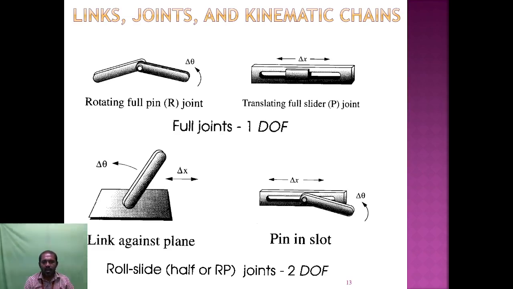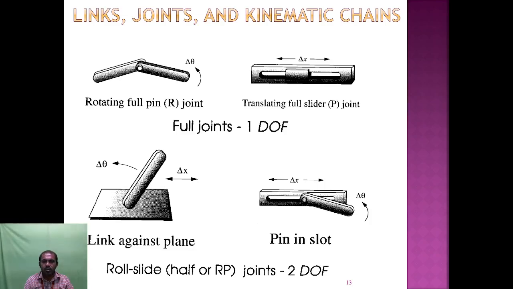And the half joint has a link against plane. So there are 2 links, but at the same time there is 1 rotation and 1 linear motion. It is not for a joint; it is only for a rigid body. So 2 motions are there, one linear and one curvilinear.